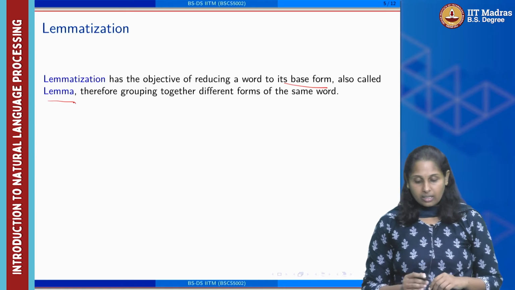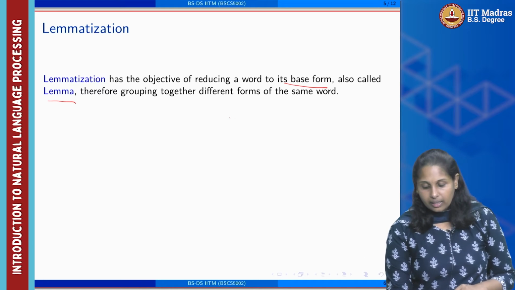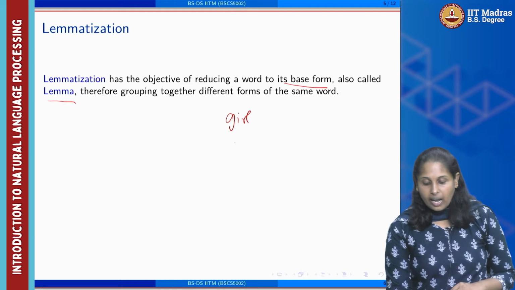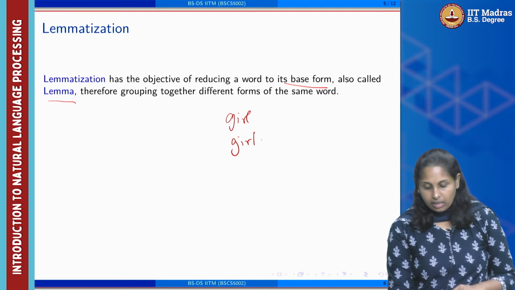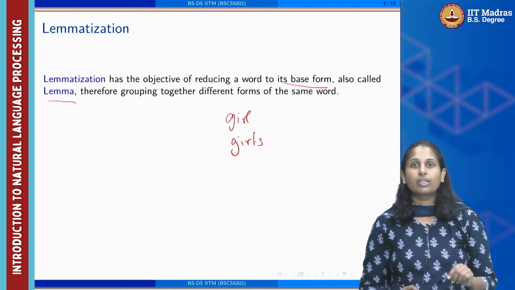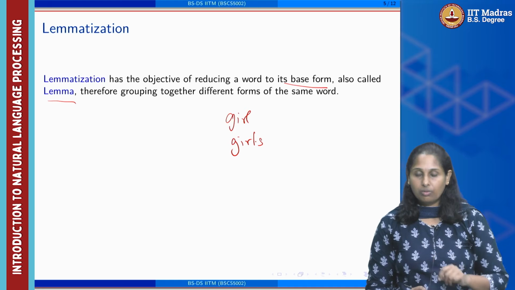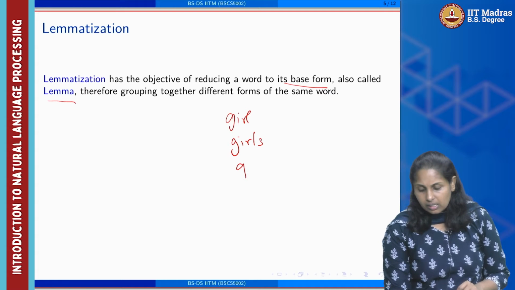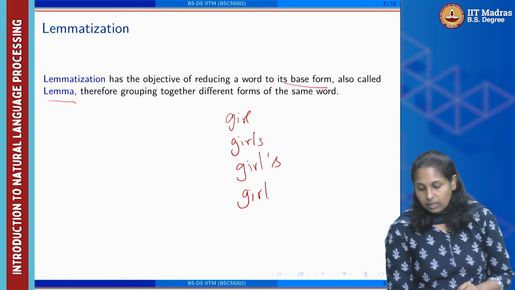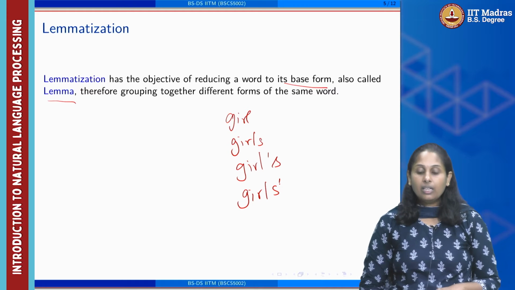Now, let us see an example. Let us say a word like girl has a lot of inflections. Inflections are nothing but adding some grammatical values to the word. So, girl, girls, girl's with an apostrophe s, and girls' with an s apostrophe.